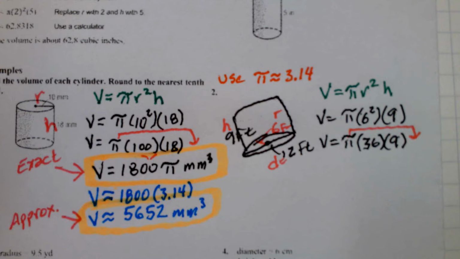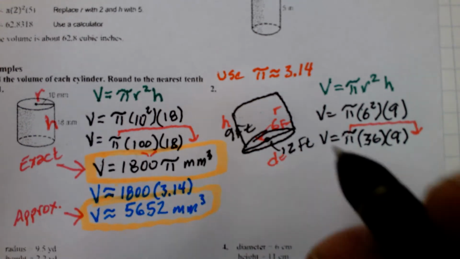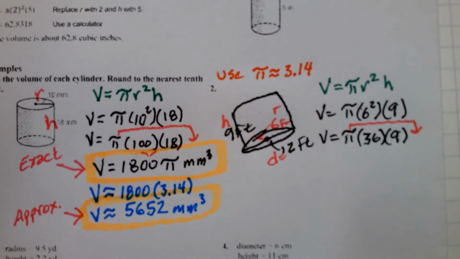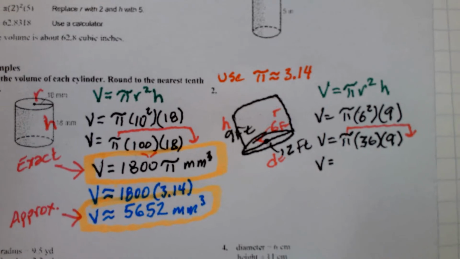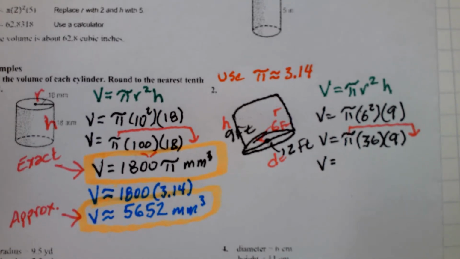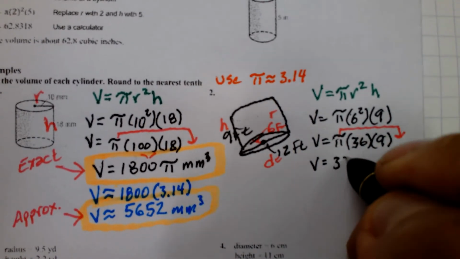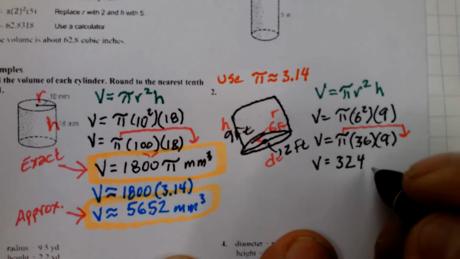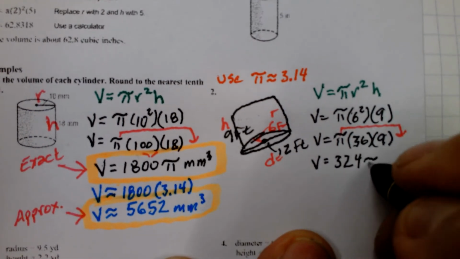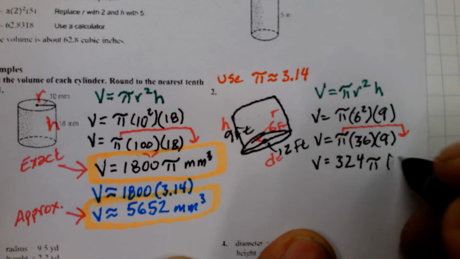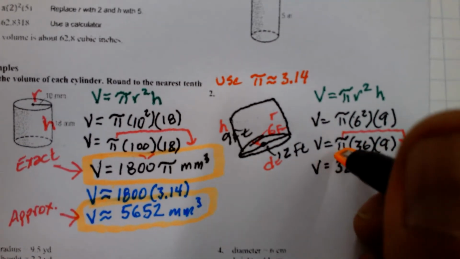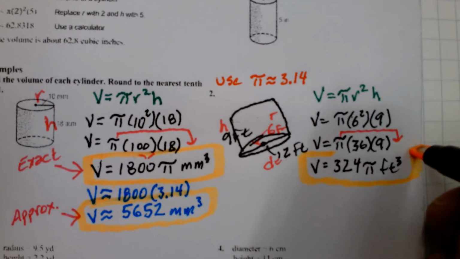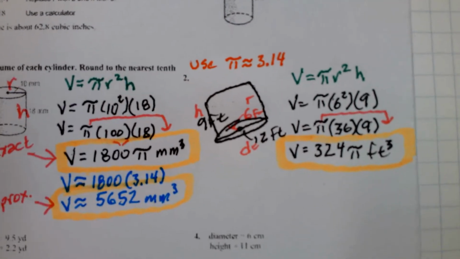Let's see what we get. How much is 36 times 9? 324. Let's write the answer then. 324 pi cubic feet. This is our exact answer, because we're leaving pi as pi.